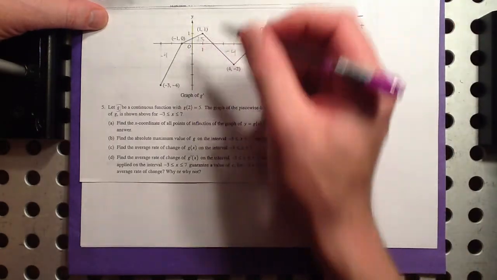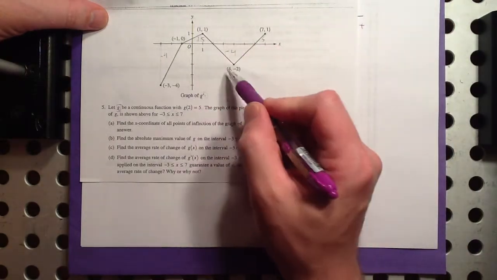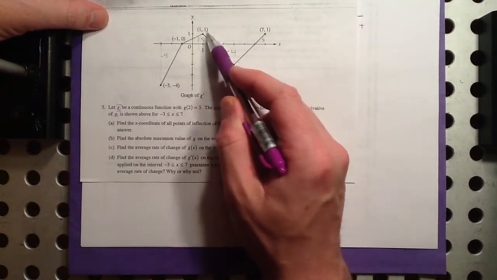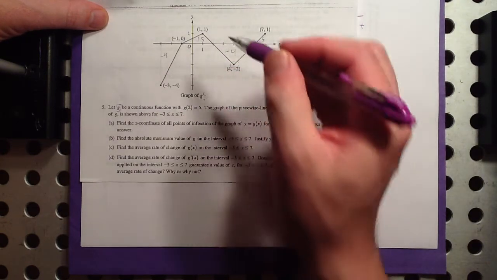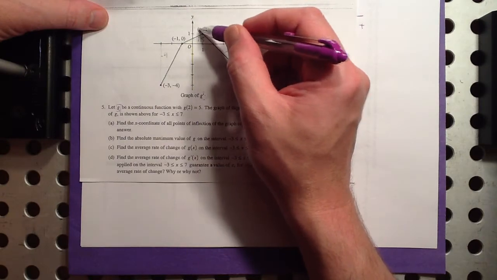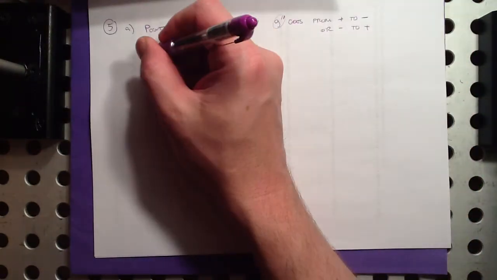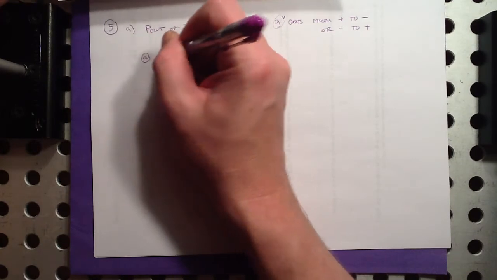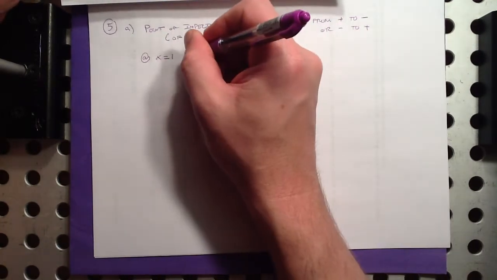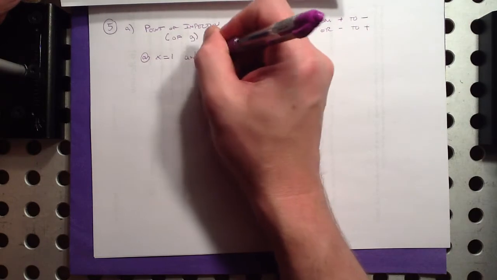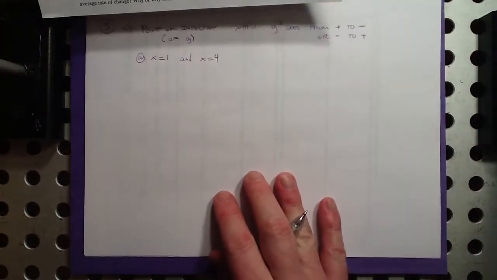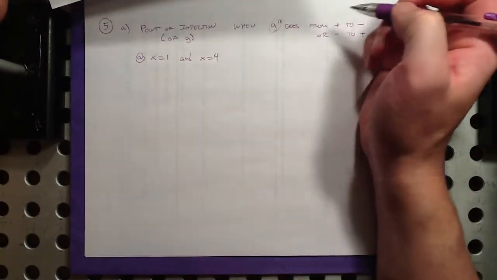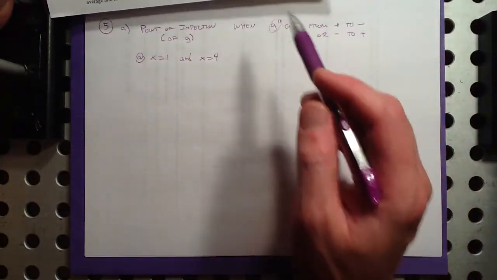Another way to look at it is the maximums and minimums on the derivative are the inflection points. That's also another way to look at it. So that happens at x equals 1 and x equals 4. And I think we've got the justification here.